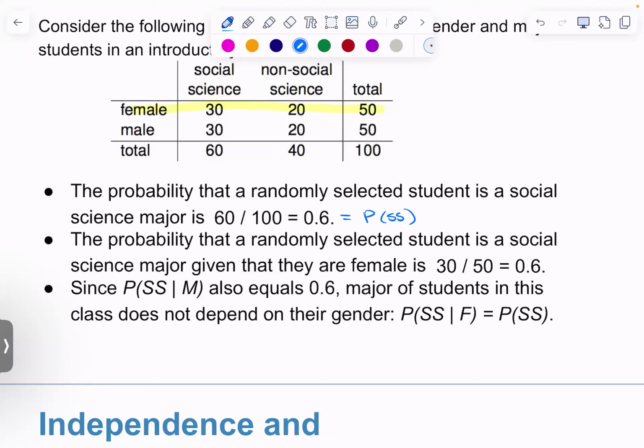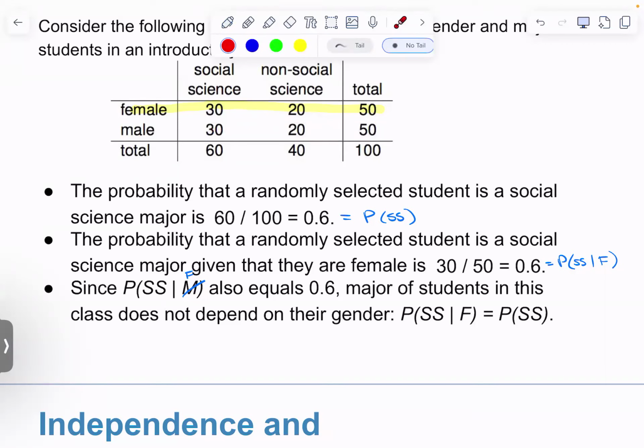For simplicity, let's change this to F. And then this is the probability of being a social science major given F, just so that they match. It is true for the males as well.